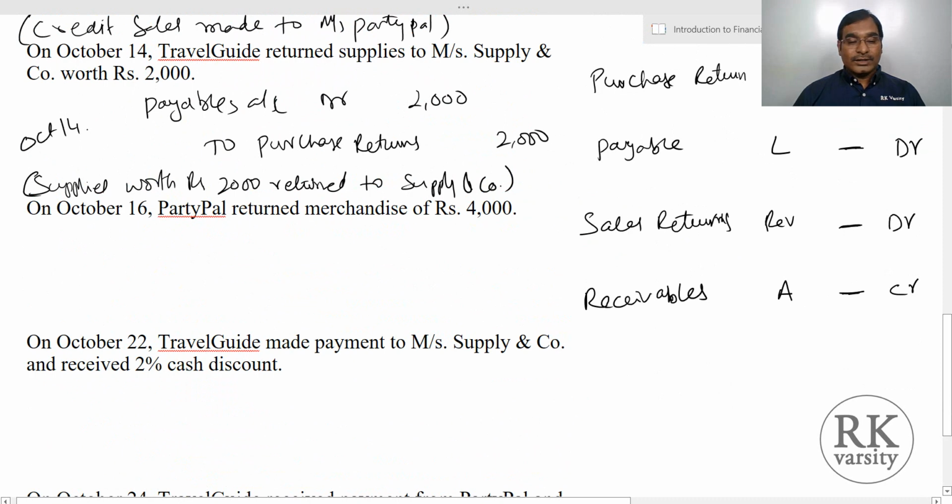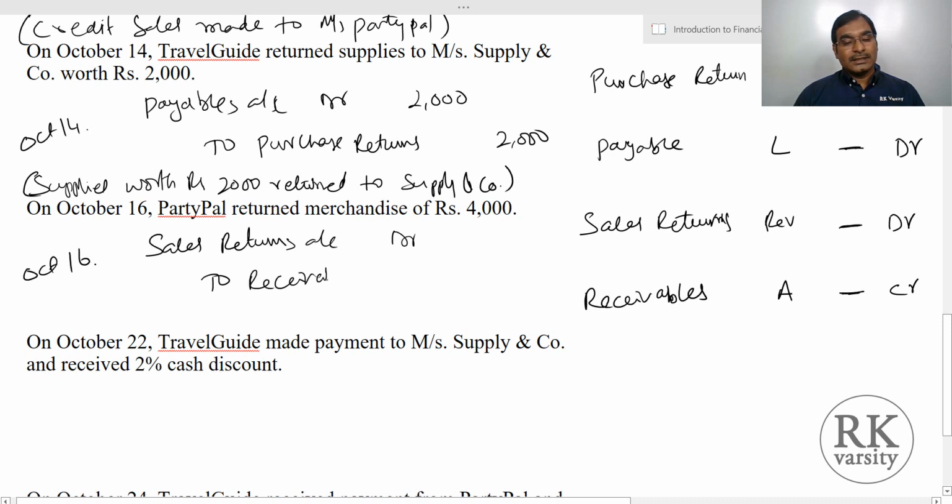Now using this, we'll write a transaction, that is a journal entry on October 16th. Which account is to be debited? Sales returns. So sales returns account debtor to receivables account. And what is the amount? Rupees 4,000.